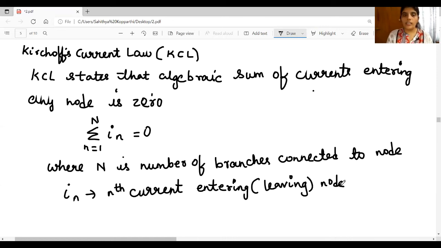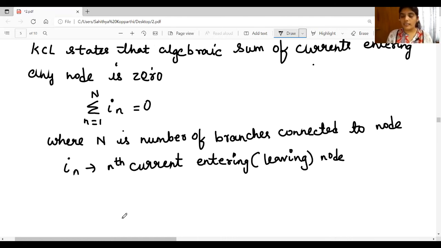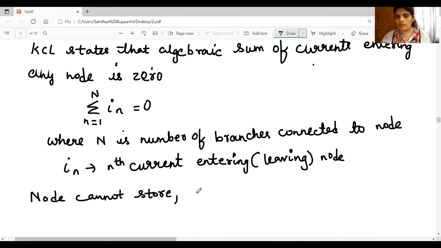So what I told, a node cannot store, consume or destroy charge.